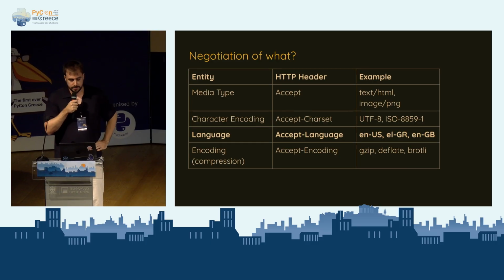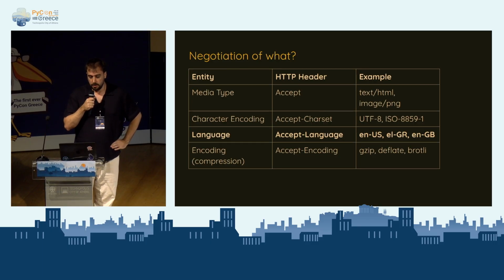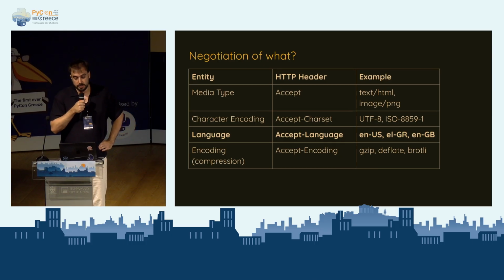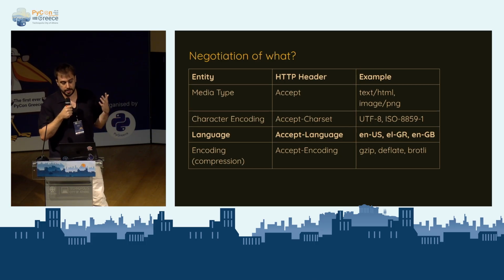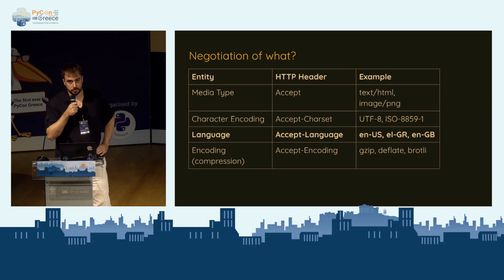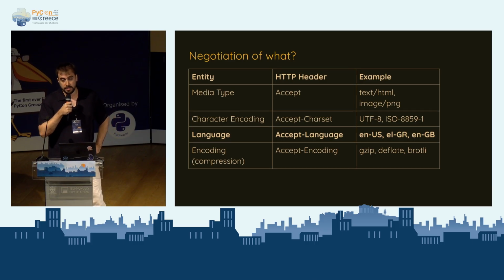And the second thing is character encoding. We have different character encodings, and the most common one is UTF-8, and all browsers also send this information as accept charset. And the third one, which is related to our talk, is accept language.